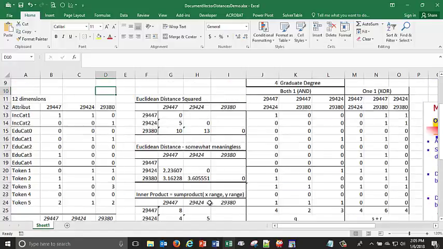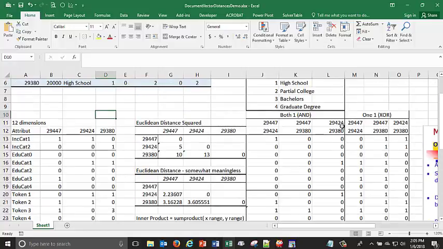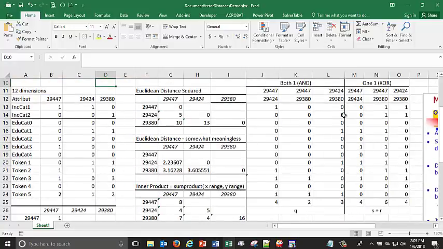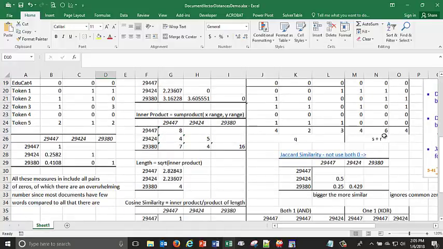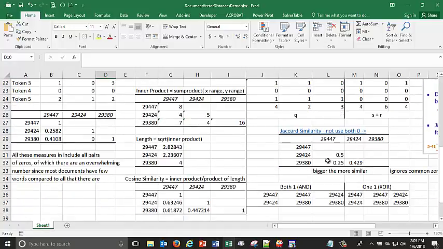And if we now take the Jaccard measures, we need an OR, an AND and an XOR to decide whether one is 0 and the other is 0, whether we have a 1-0 pair or a 0-1 pair. And by the time we put the Q's and the S's and T's together, we get these measures.